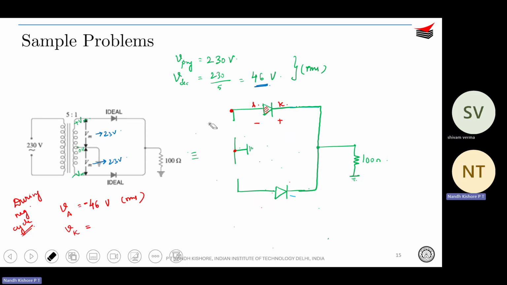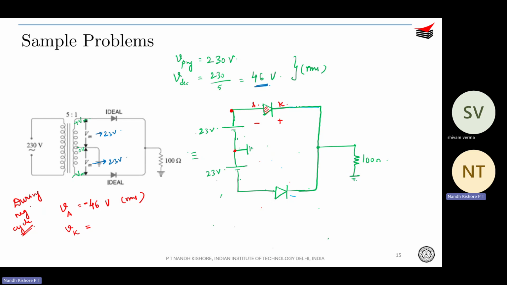So this is not exactly 46 and 46. I will redraw this and I will write 23 and 23, because V secondary is across the entire secondary winding, we are getting 46 volts.